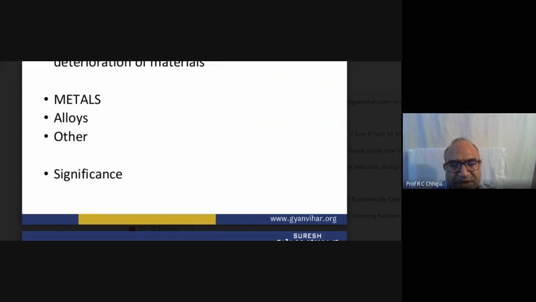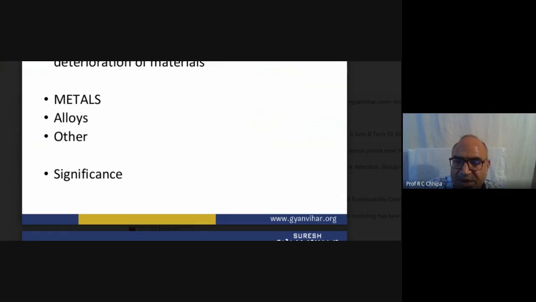So in simple words, corrosion occurs in presence of some environmental chemicals, environmental conditions. For example, in the environment we have carbon dioxide.